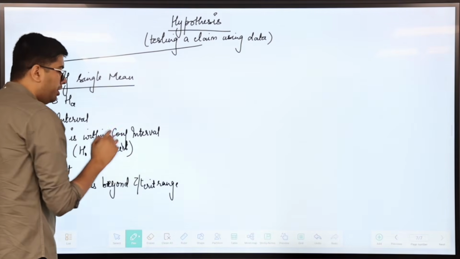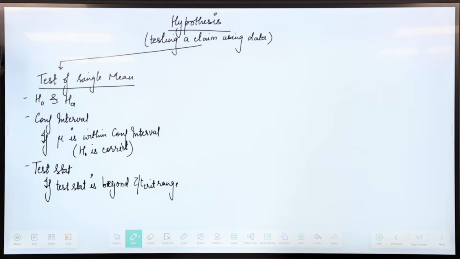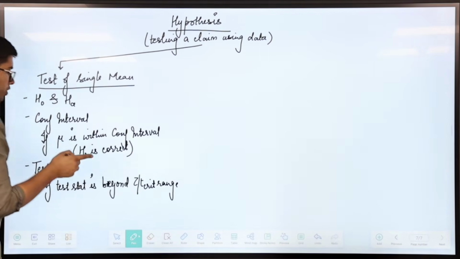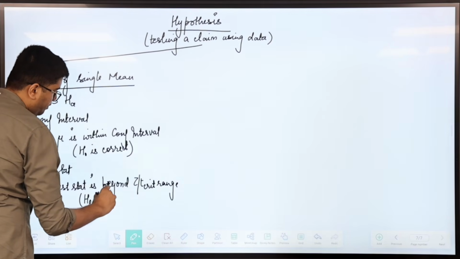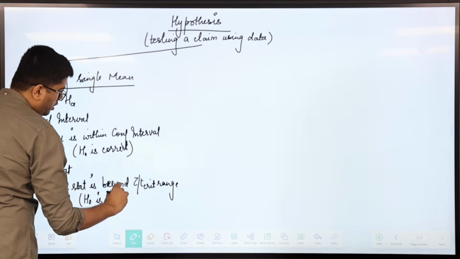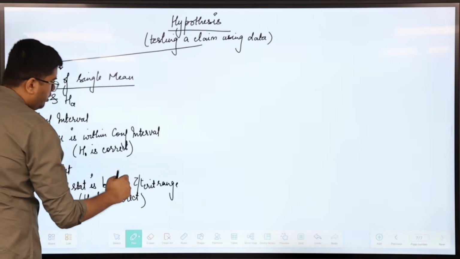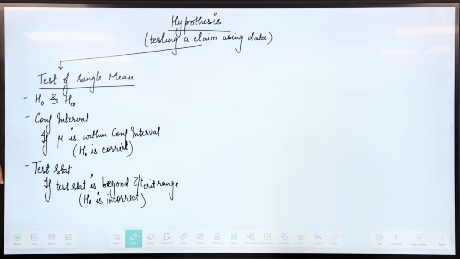So when you get the table and you get a value 1.96, it is plus 1.96 minus 1.96. So if your test statistic is less than minus or more than plus, it means it is beyond the range. If it is beyond the range, then null is incorrect. All right. Be careful. You want it to be within the range, right?